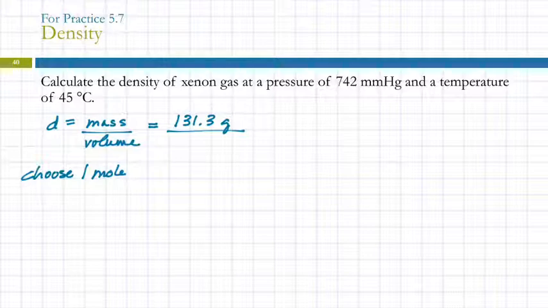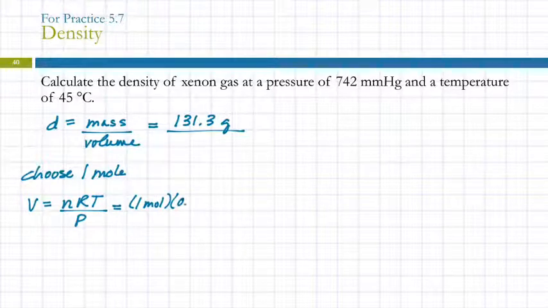How do I find the volume? Ideal gas law. The volume is equal to nRT over P. And I decided that n was 1 mole. And then I've got R. I need my temperature.